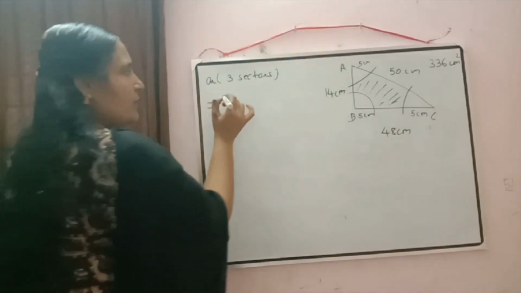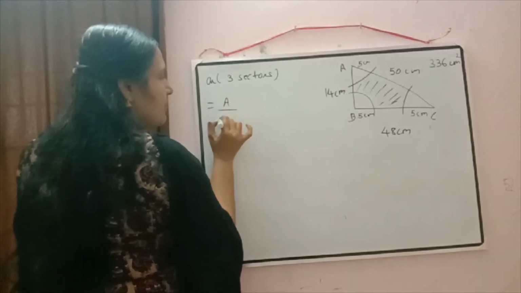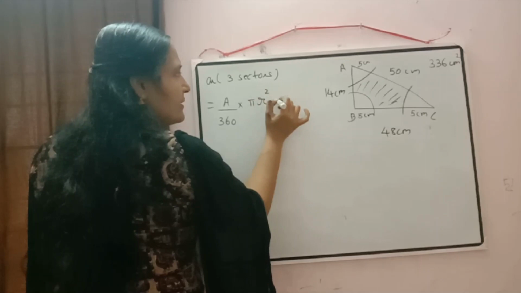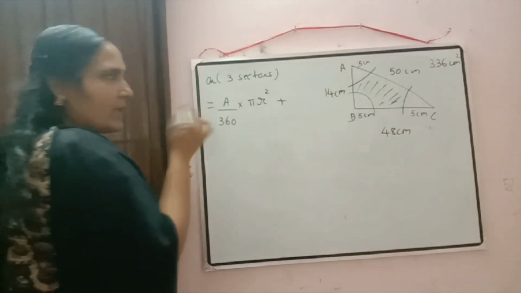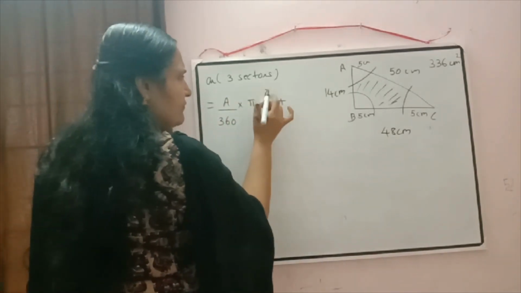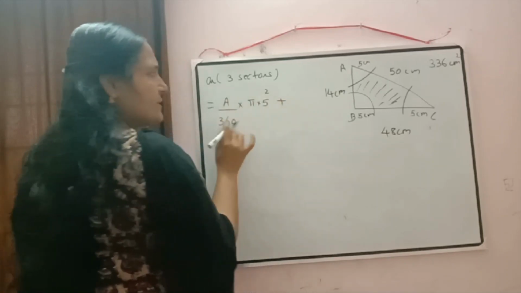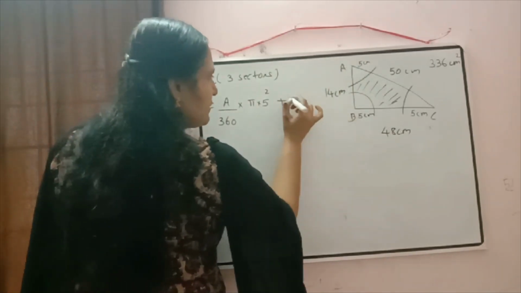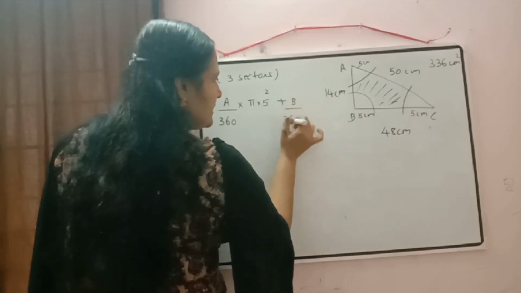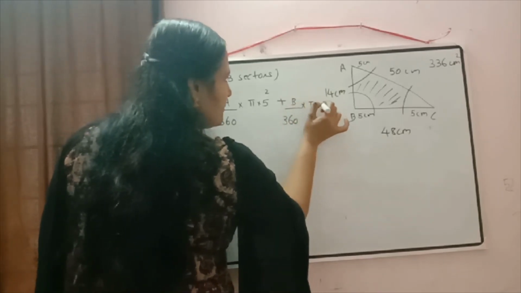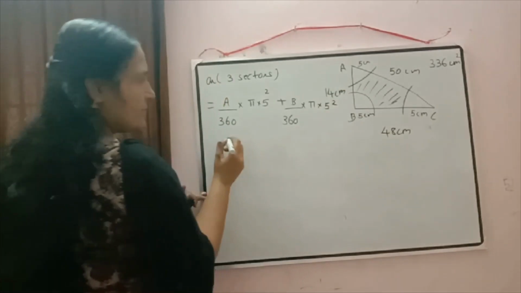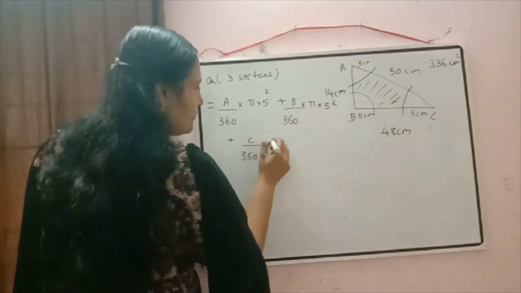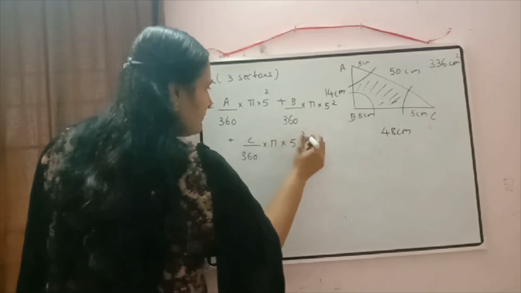According to the formula we know it will come A by 360 into pi r square. Correct? In place of r, if you want you can write 5. A by 360 into pi into 5 square plus next one will come B by 360 into pi into 5 square. Then third one will come C by 360 into pi into 5 square.